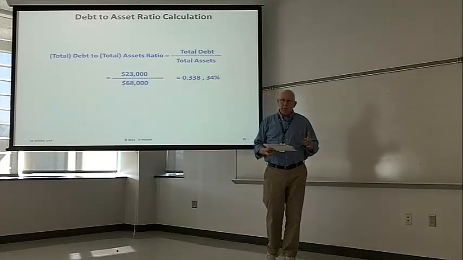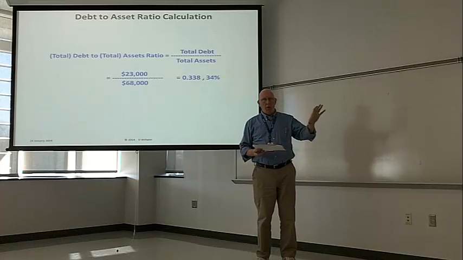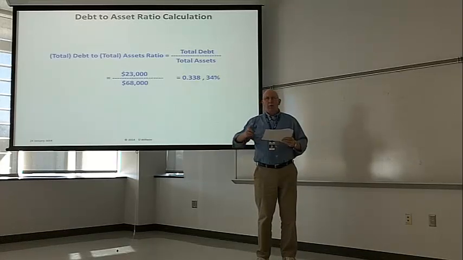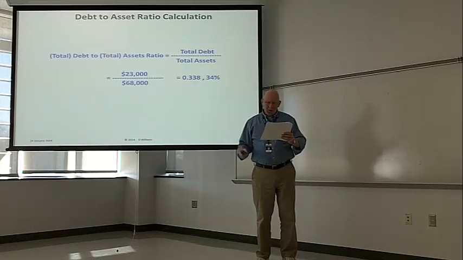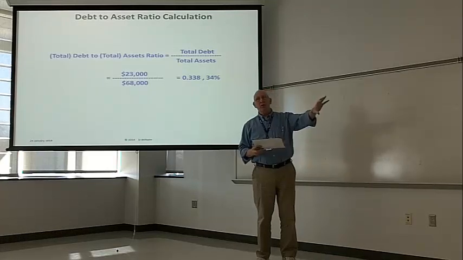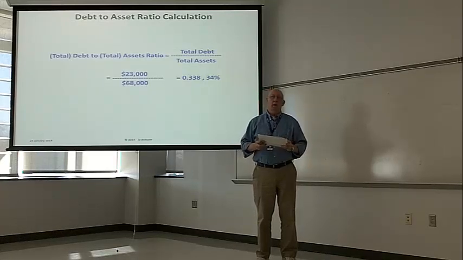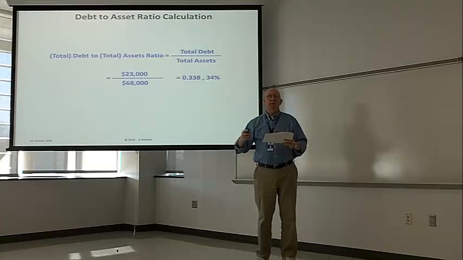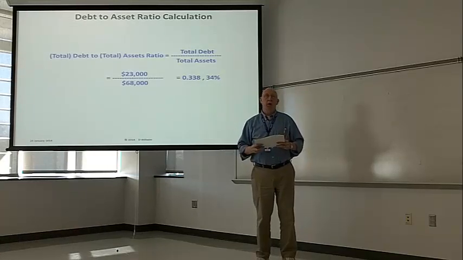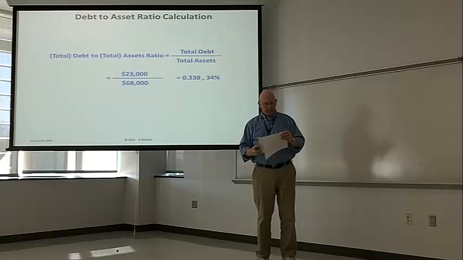And what this means is that of all our assets, somebody else really owns 34% of them. 66% is ours, and 34% in effect is owed to some other parties.